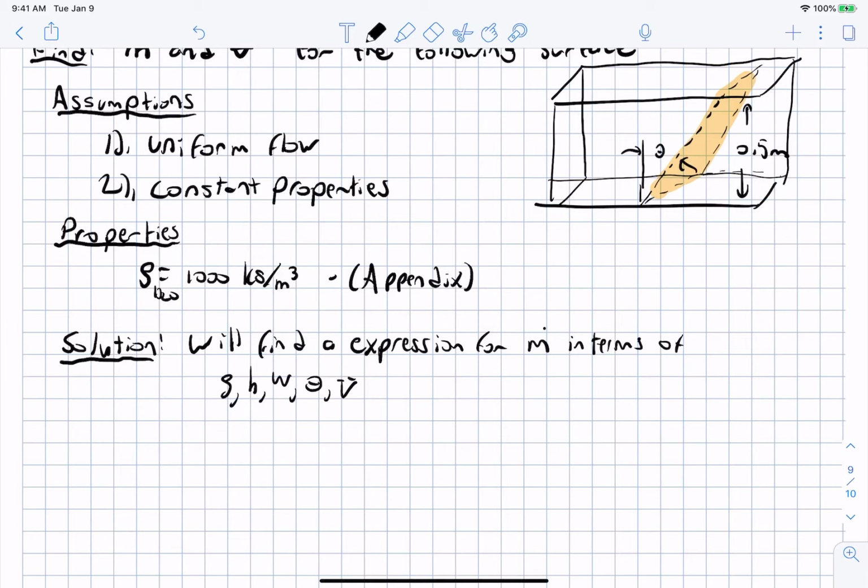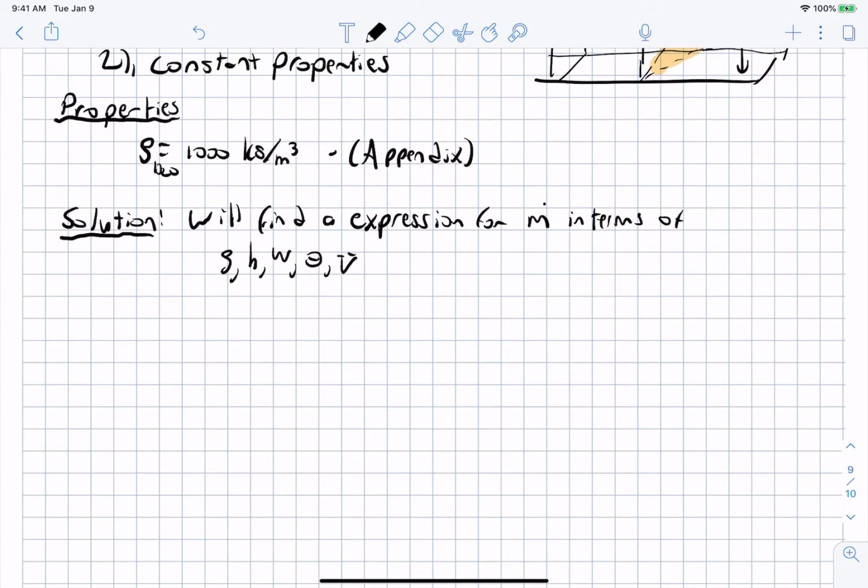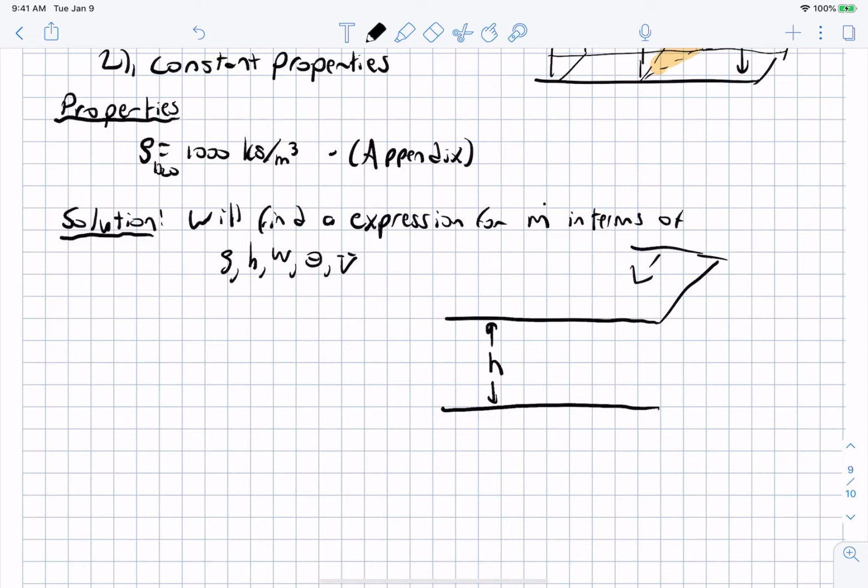Essentially, for our surface here, I'm just going to do a two-dimensional cross-section of it, because you've seen that my 3D drawing skills are definitely not the best. So we have a height h, and it's of width w. And we have the surface here. Again, it's a 3D planar surface, so it extends into the page, but my drawing skills are not up to snuff, so I will not do that.